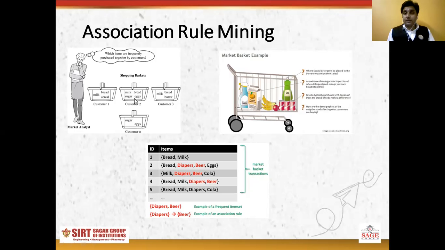If one customer is going to purchase a packet of milk, it might be possible he or she will purchase bread and sugar. Might be possible he will purchase butter. So we realize that.